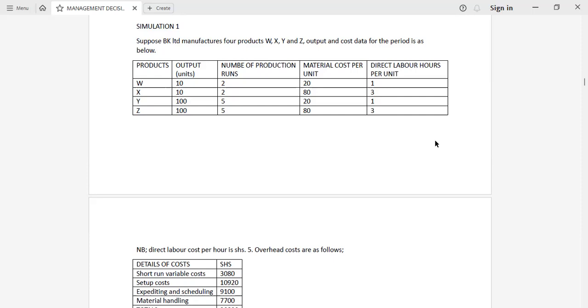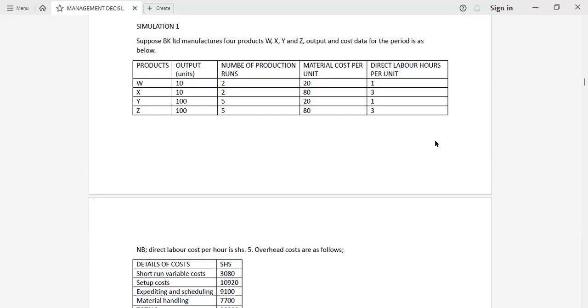The question says, suppose BK Limited manufactures 4 products, W, X, Y, and Z. Then they are saying that output and cost data for the period is as below. They have given us the output and the cost data.